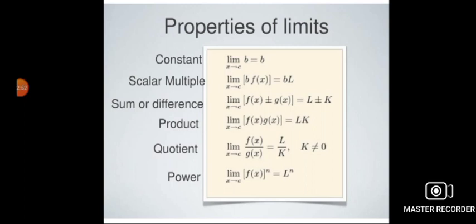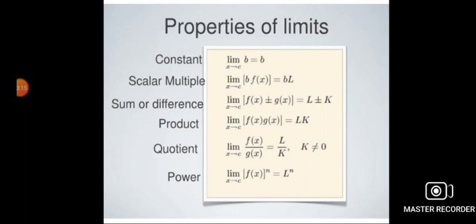The limit of the function f of x plus or minus g of x as x approaches c is equal to L plus or minus k. The limit of the function f of x times g of x as x approaches c is equal to Lk.